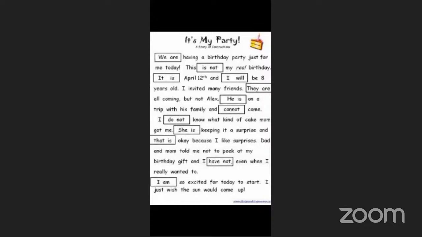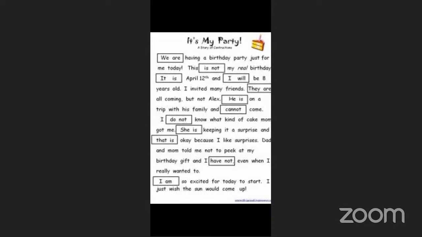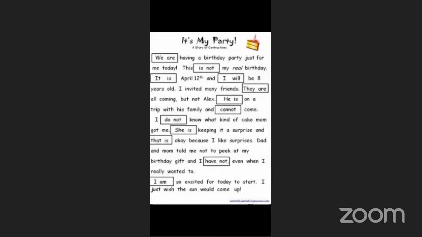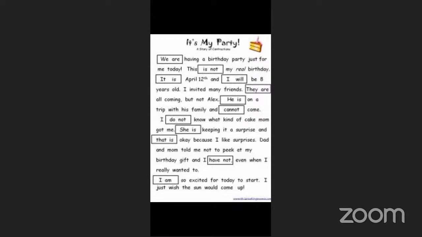I do not know what kind of cake Mom got me. She's keeping it a surprise, and that is okay because I like surprises.